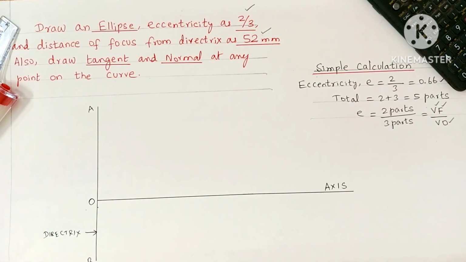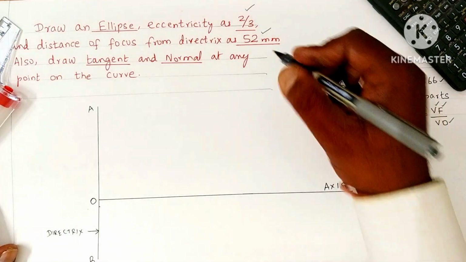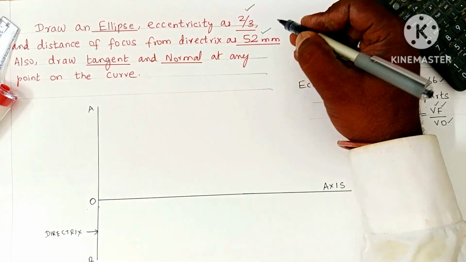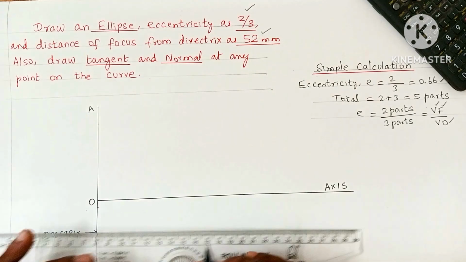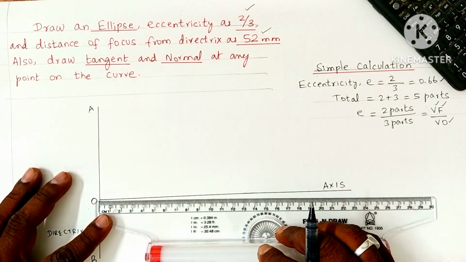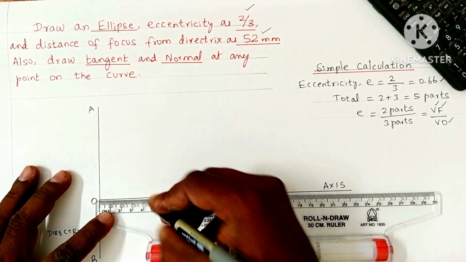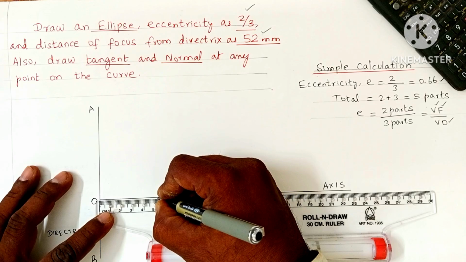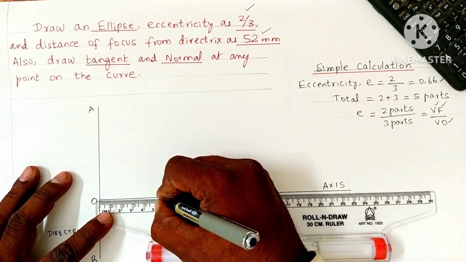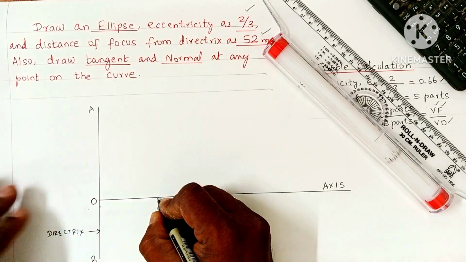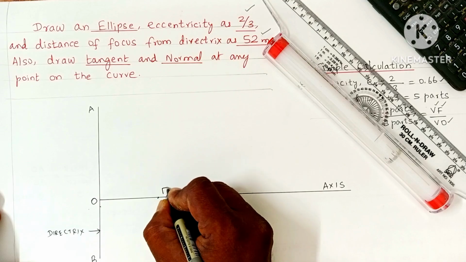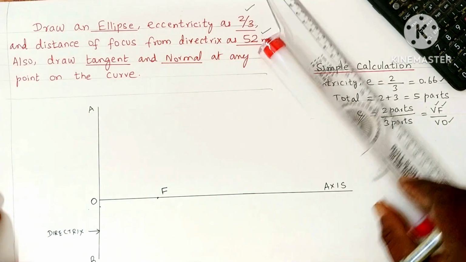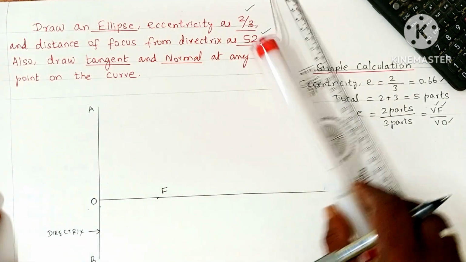Now I'm going to mark the distance of focus from the directrix, given as 52 mm, from point O. 52 mm means 5.2 centimeter, 5 centimeter plus 2 small divisions will give you 52 mm. This point of location shall be marked as focus F. Next we will dimension this 52 mm.